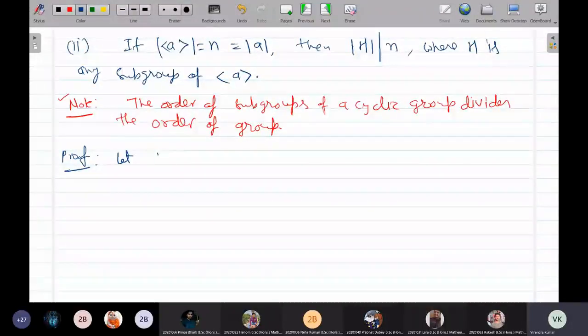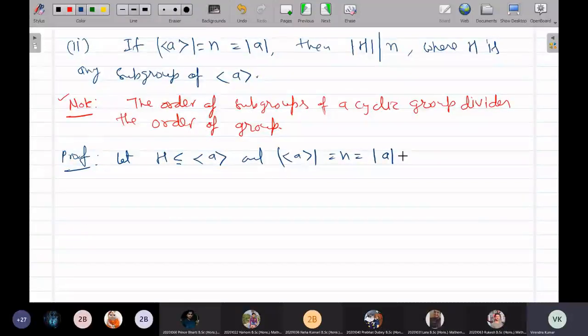Let H be a subgroup of the group generated by this element, and the order of this group is equal to n, and this is nothing but the order of the element. Fine. Okay.